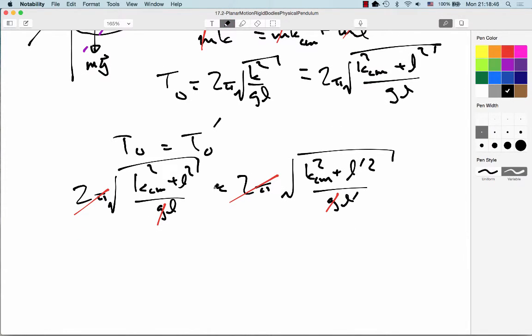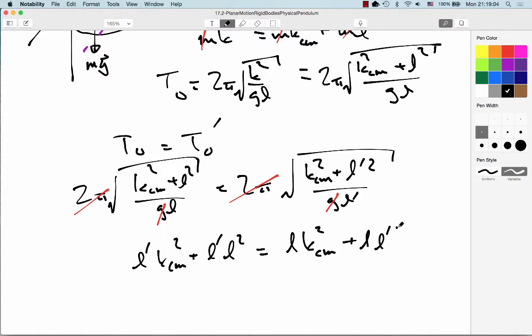Now if we square both sides and then cross multiply, this is going to become L prime K_CM squared plus L prime L squared equals L times K_CM squared plus L prime squared.